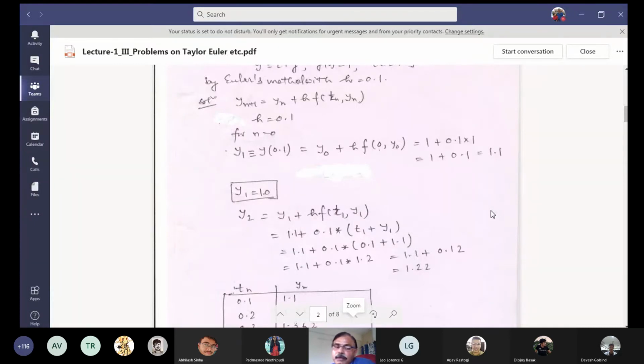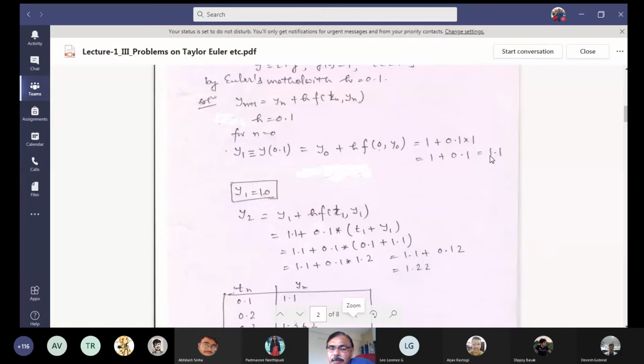Then you find out y2. y2 is also written here. It is y1 plus h times f at the point t1, y1. t1 is 0.1. y1 you have already evaluated, that is 1.1.